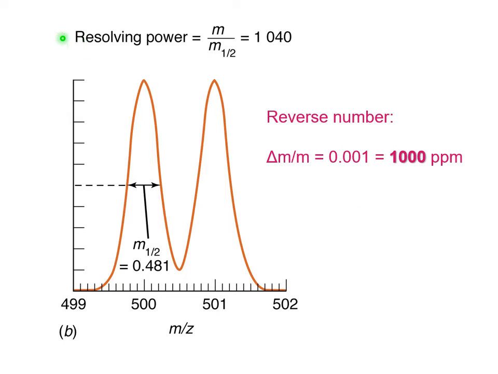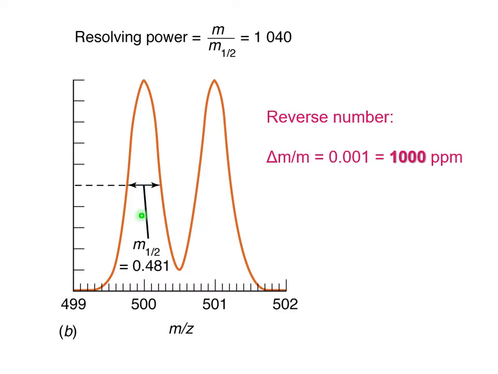Next concept is resolving power. What is the ability of your instrument to see two closely positioned peaks, how close they can be? There are several definitions of resolving power. One of them is the ratio of mass by width at half height.